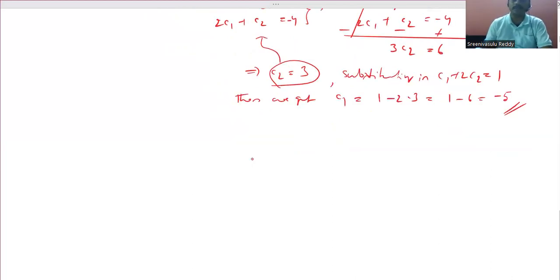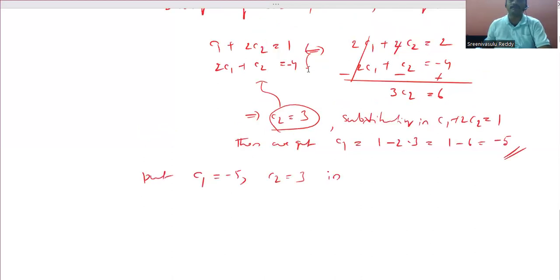Whether our answer is right or wrong, we can verify by substituting these two values, C1 equal to minus 5 and C2 equal to 3, in the remaining equation.